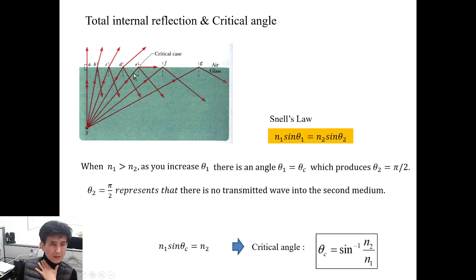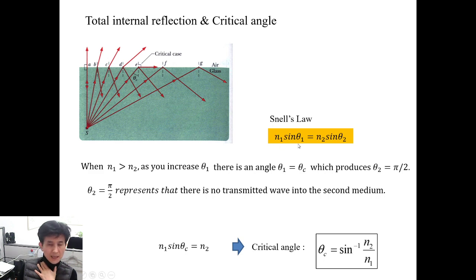there is a critical angle theta c. There exists a theta c where theta 2 becomes 90 degrees. That's the critical angle. That means there is no light transmitted through the second medium.